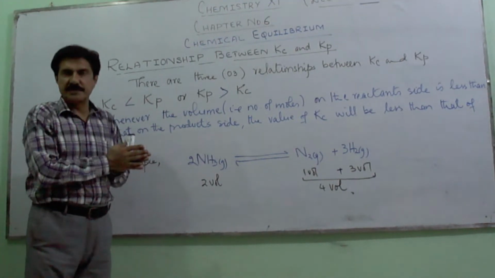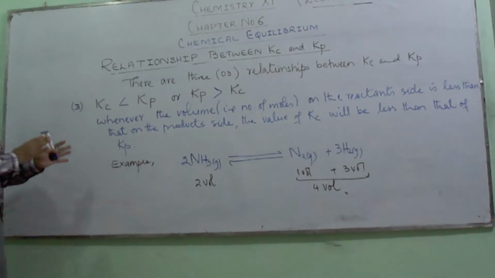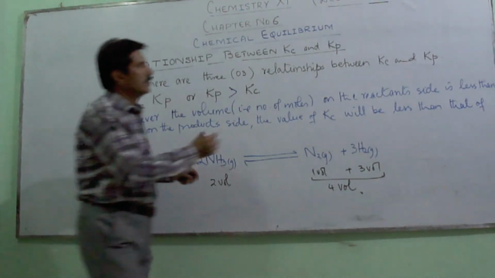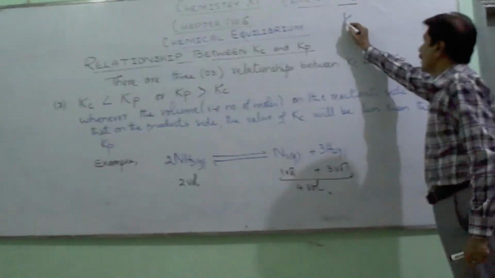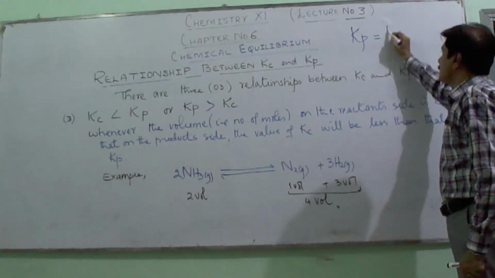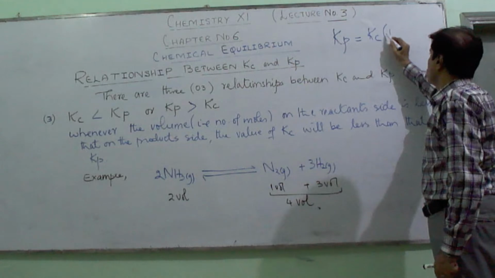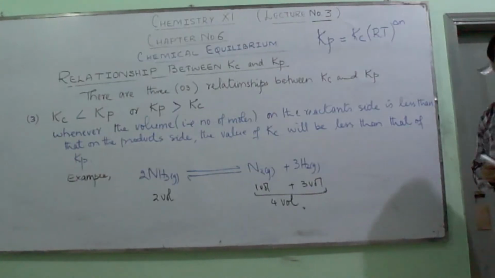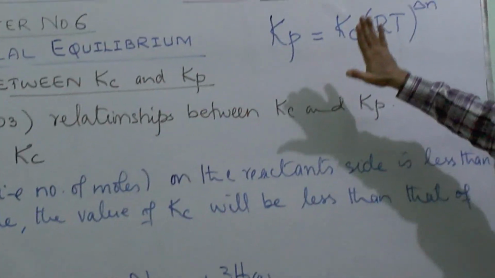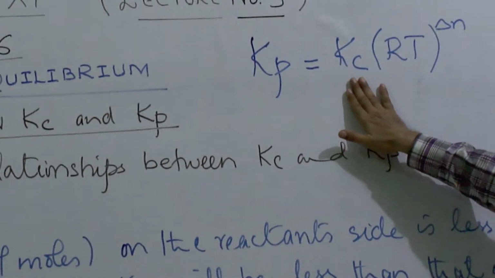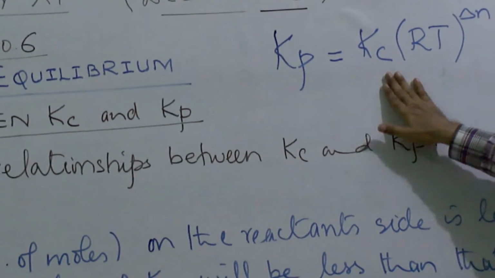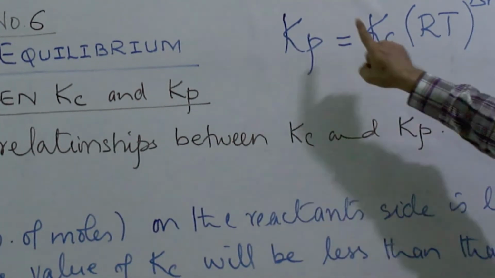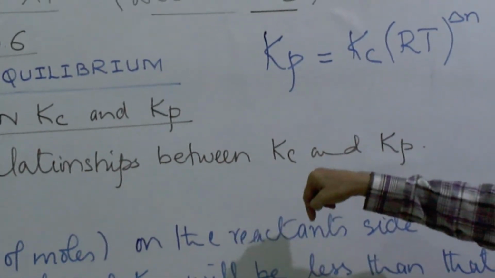The relationship which we use for the calculation of Kp for the reaction using the value of Kc given is Kp is equal to Kc into RT power delta N. Dear students, this is the formula, this is the relationship by which you can calculate the value of Kp for a reversible reaction using the value of Kc given in the question.